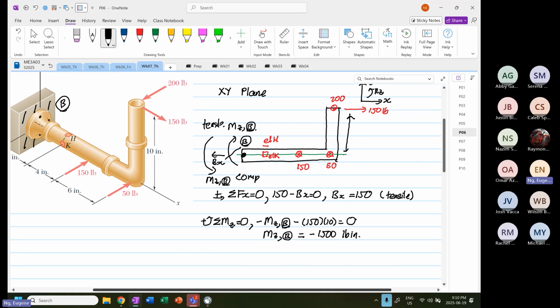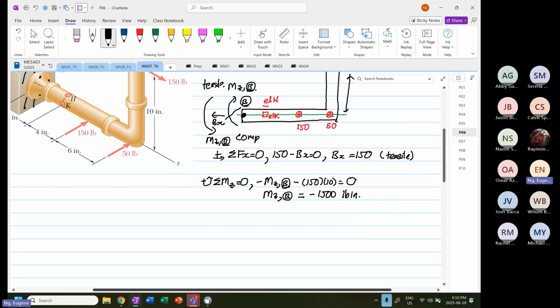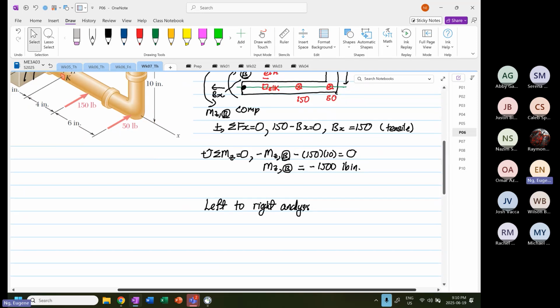Now we are going to use the analysis from left to right. If we just look at here, this is our 1500.